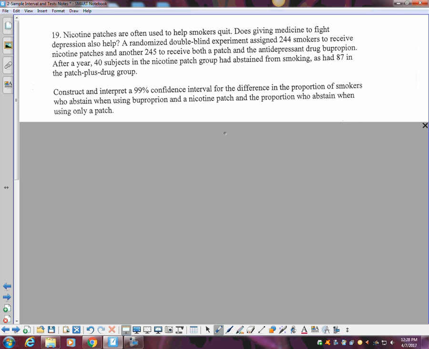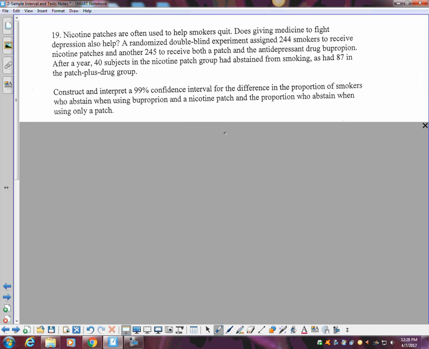After a year, 40 subjects in the nicotine patch group had abstained from smoking, as had 87 in the patch plus drug group. Construct and interpret a 99% confidence interval for the difference in the proportion of smokers who abstain when using the drug and the nicotine patch, and the proportion who abstain when only using the patch.